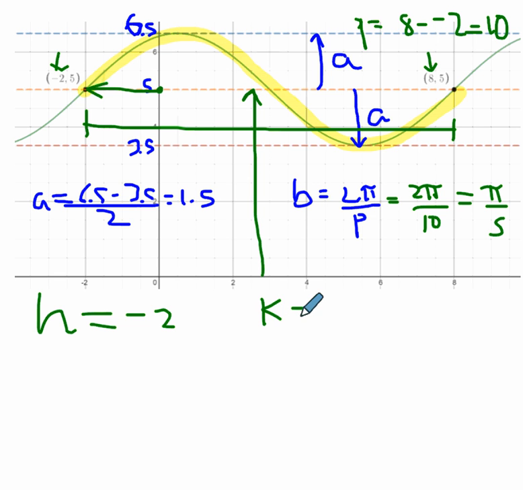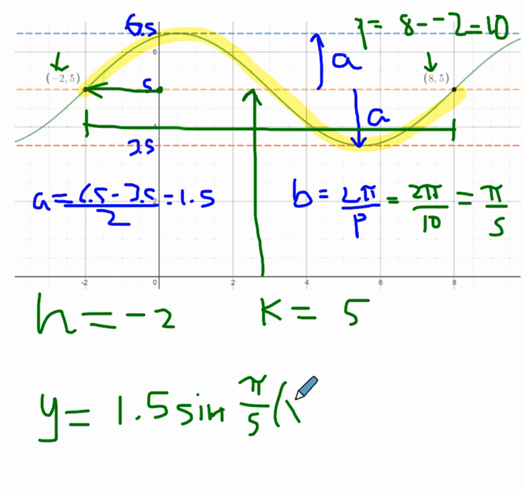So our k here is 5. So when it's time to write down your equation, you can write y is equal to 1.5 sine of pi over 5, x minus 2, so x plus 2, and then plus 5.